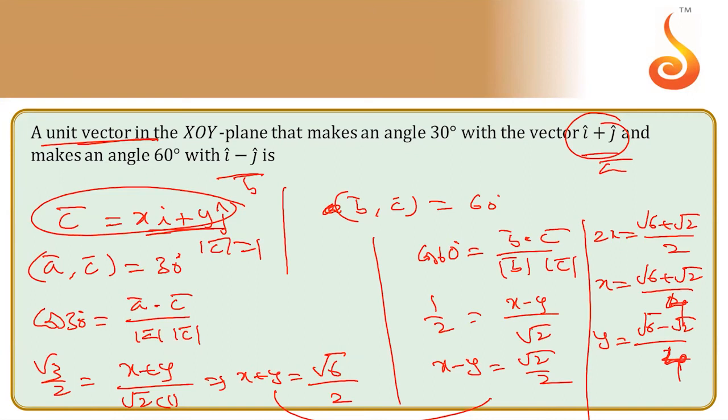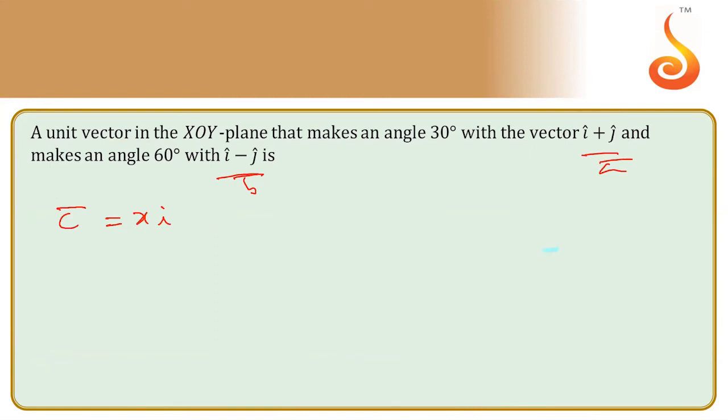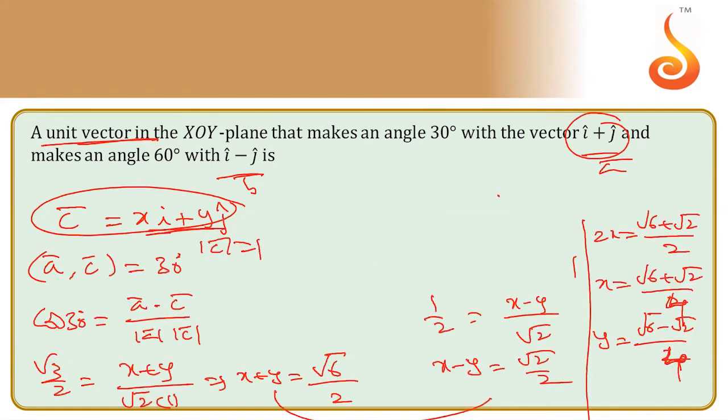So therefore that is the vector c bar. That's the answer here.